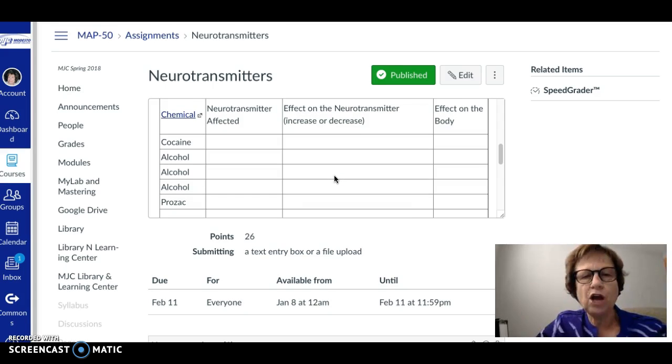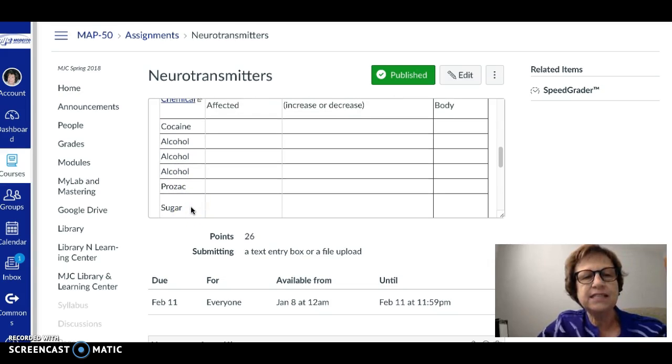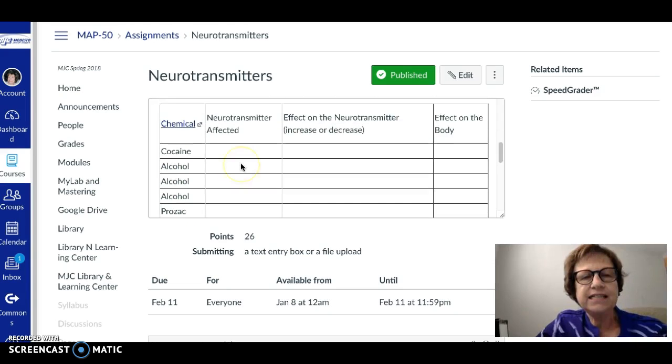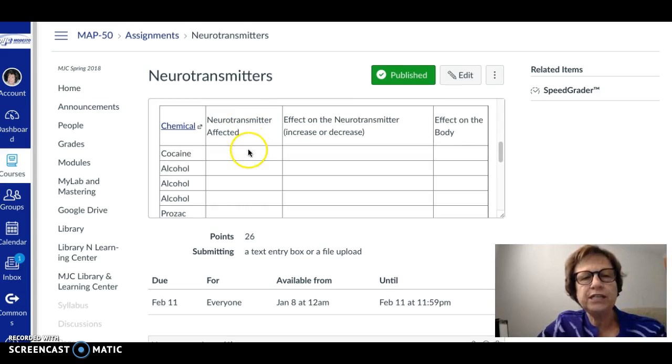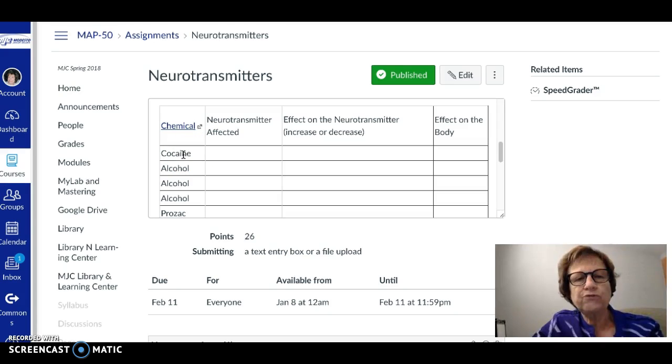You need to draw a table using grid lines and look at each of these chemical substances, and then you're going to put what neurotransmitter is going to bring about the effects of that chemical. So first, we'll look at cocaine.